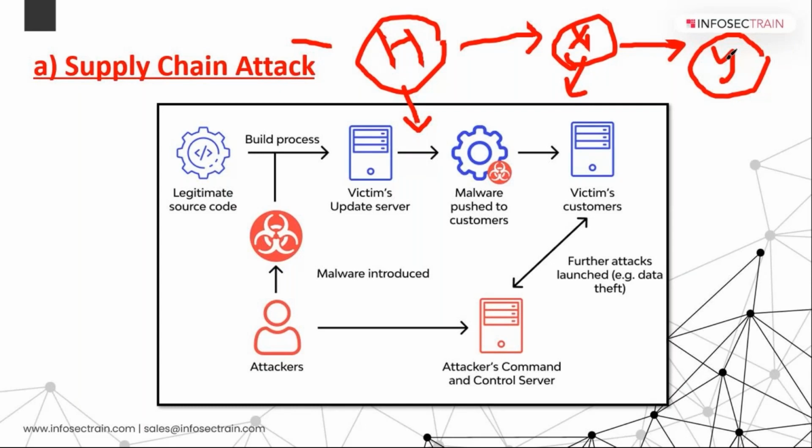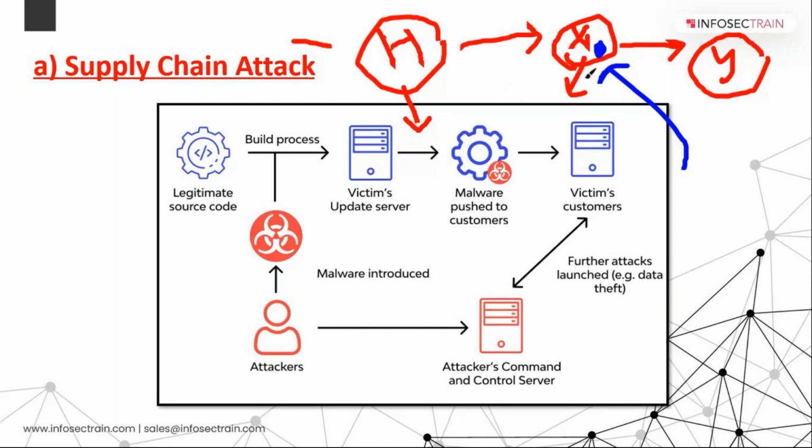Now let's say for example this X faces an attack, right? There is an attack that happens in this particular X, and now all the motherboards this X manufactures are infected with a virus. That's a very dangerous situation.